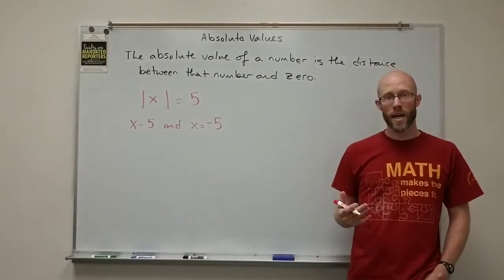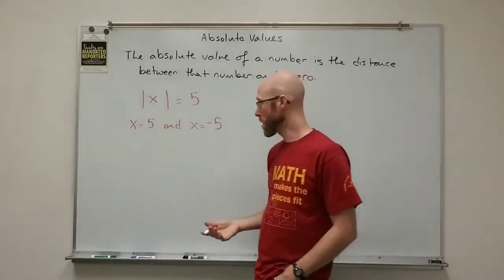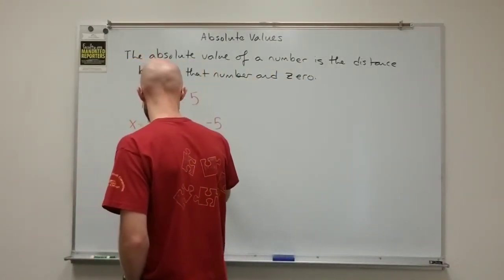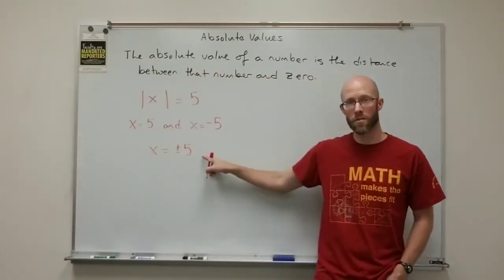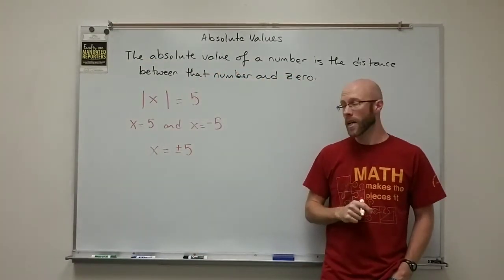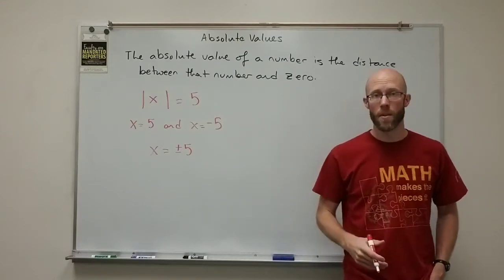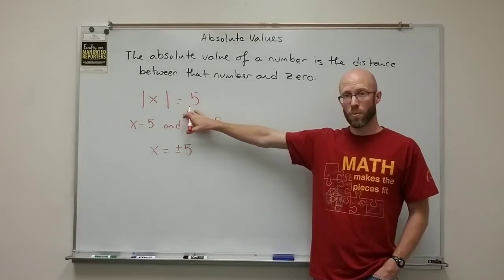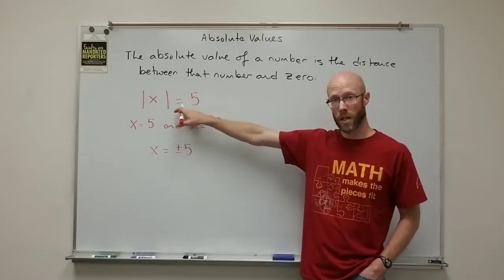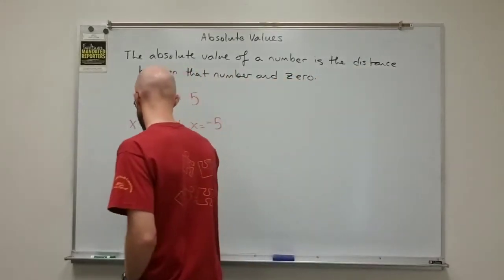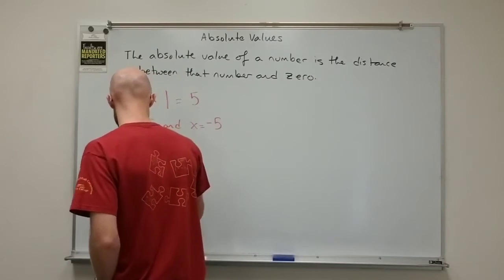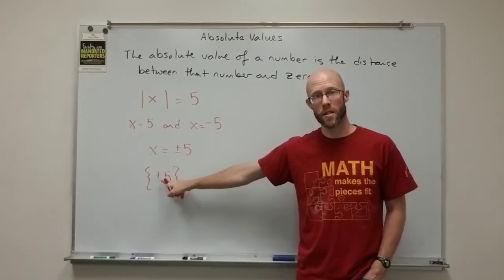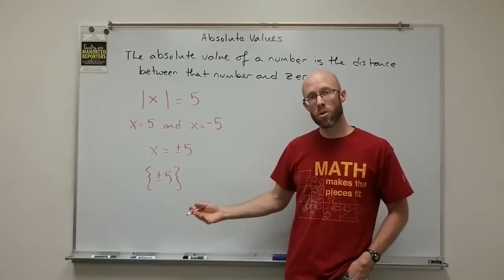You could write that more succinctly, and sometimes we'll do that and write it as plus or minus 5, put this positive negative combination symbol in front of the 5. I would accept either one on these. Actually, with this, you do want to put this in a solution set because we are solving an equation. And so the solution set technically is the set containing positive or -5, and so you could just put it in as a plus minus 5, or you could write them separately.